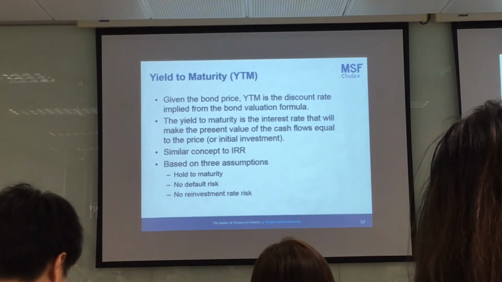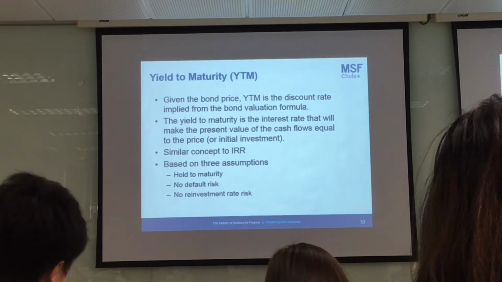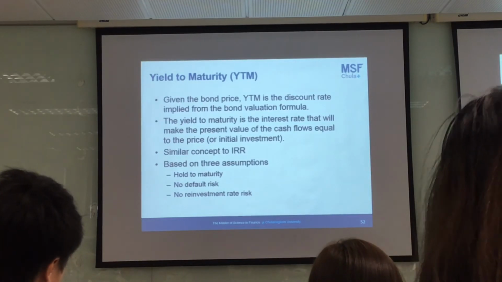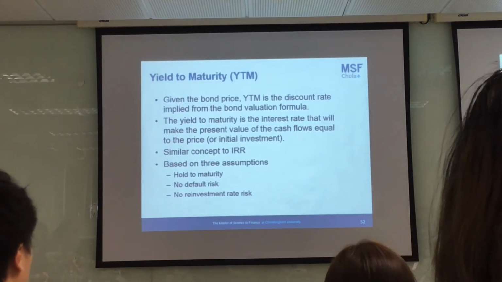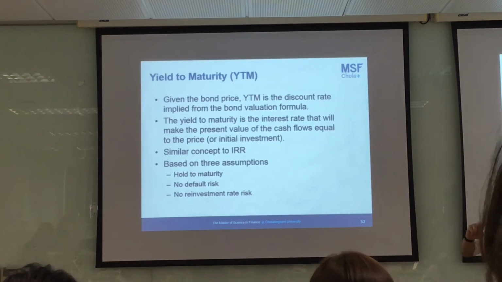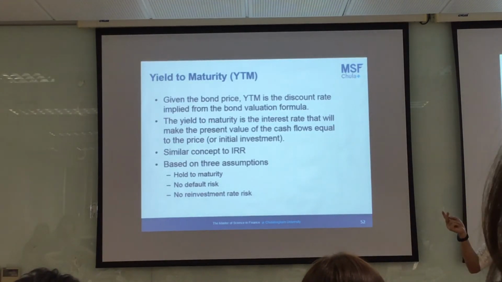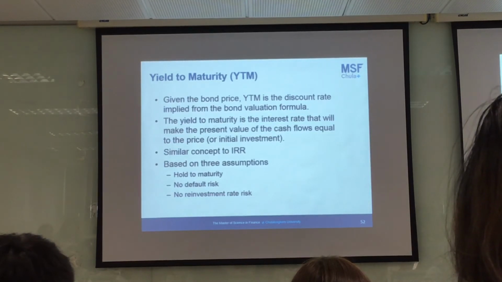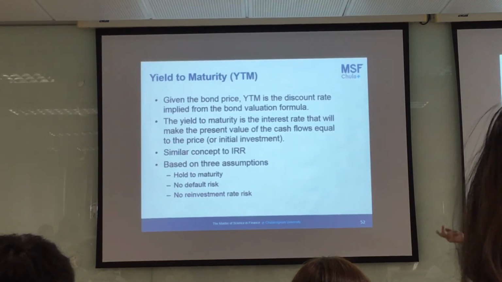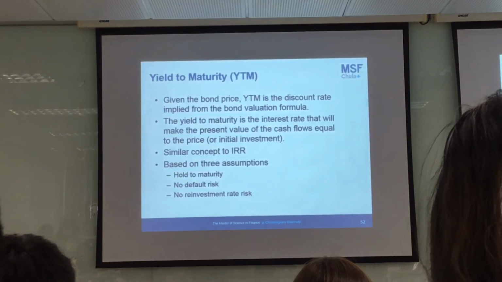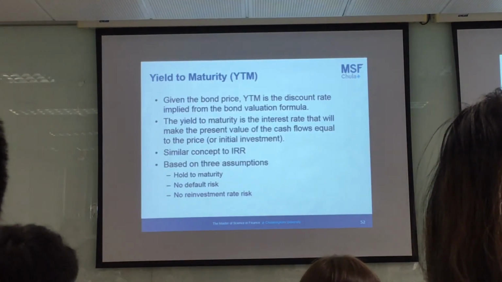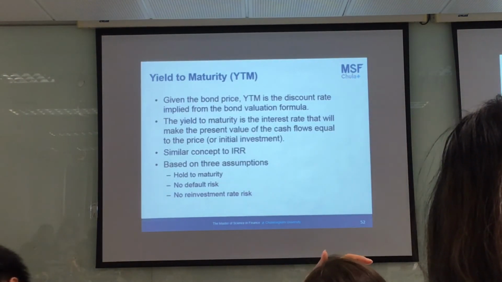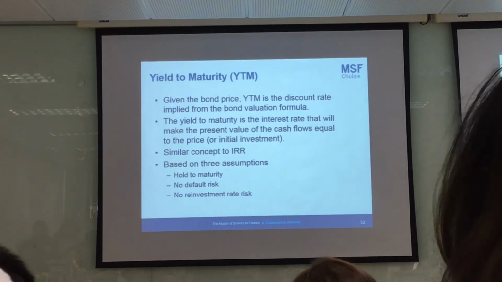Yield to maturity, okay. In the bond market, these two variables, bond price and yield to maturity, given that you know one, you can estimate the other. Normally in the bond market, we look at these two, bond price and the yield. Previously we came up with the bond price given that we put in the required rate of return.